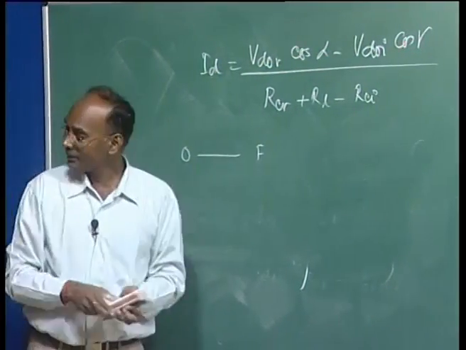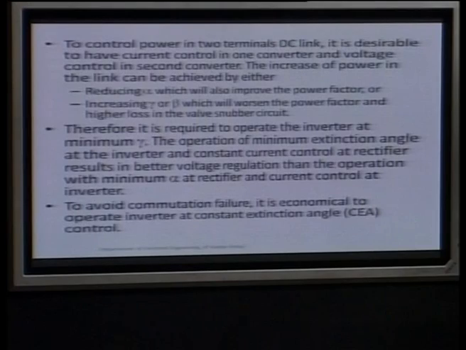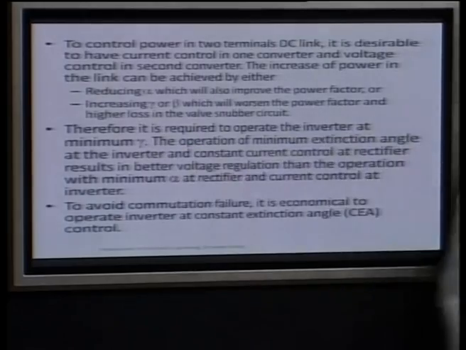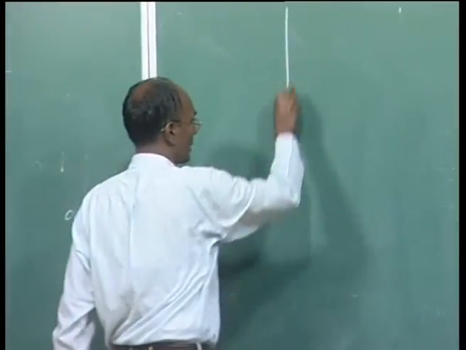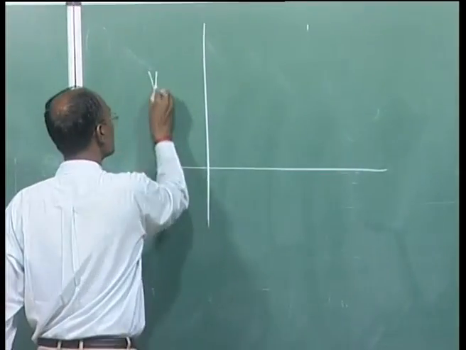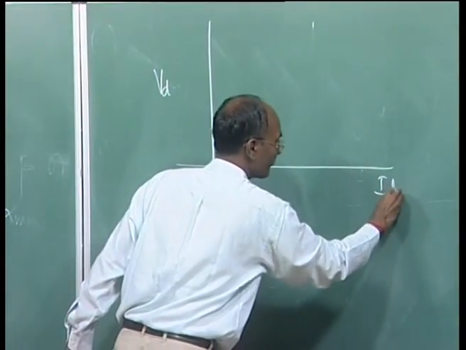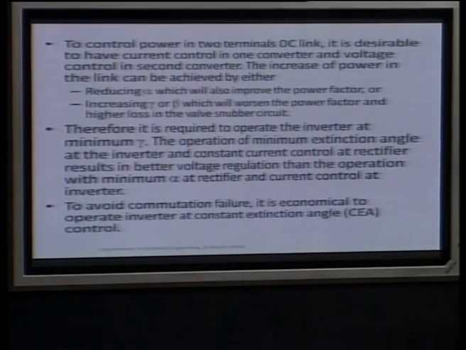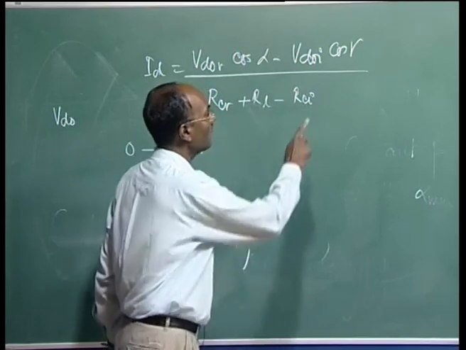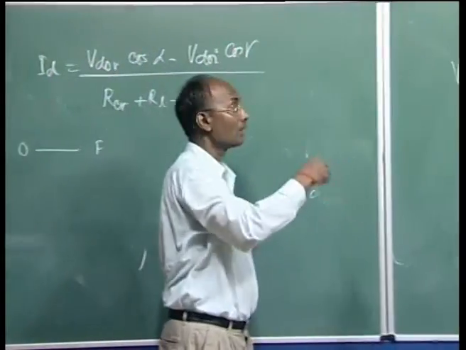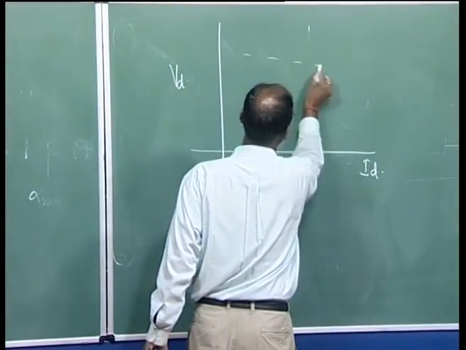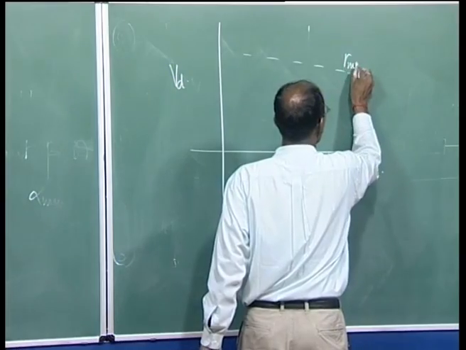Now let us see some of the impact. Based on that, as I said, it is required to operate the inverter at the minimum gamma, so let us draw the characteristic of the controller. Here it is your voltage, here it is your ID, because we want the characteristic of the whole circuit based on voltage and current. We require that this minimum should not be reduced. So the characteristic you will see is the gamma minimum here.